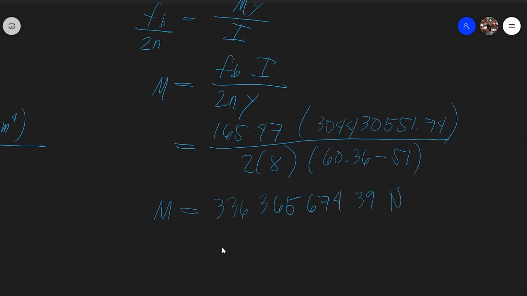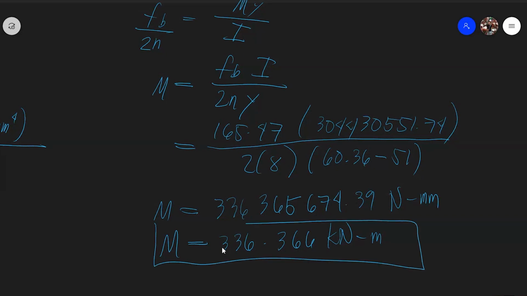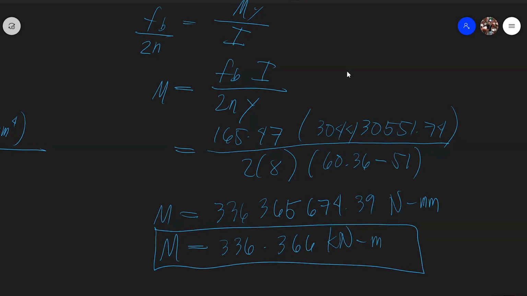Newton mm. So your moment therefore is 336.366 kilonewton meter. Meter, not M. So this is for the steel in compression.